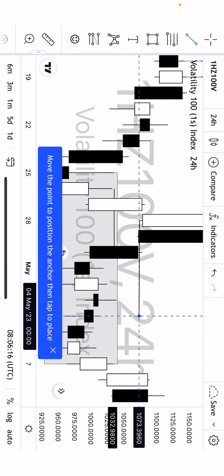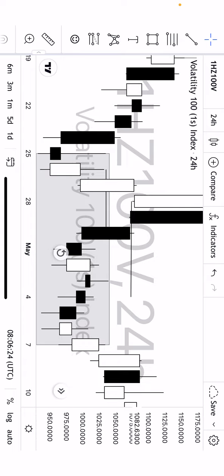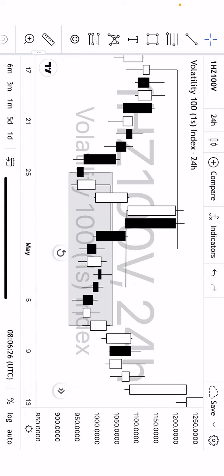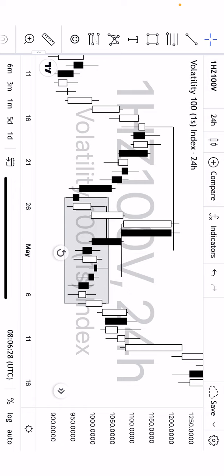Can you see our fair value gap, guys? In fact, it is extremely clear on the H4 time frame. So that is one of the major characteristics that this particular order block should have to hold the market and continue the movement to the upside.